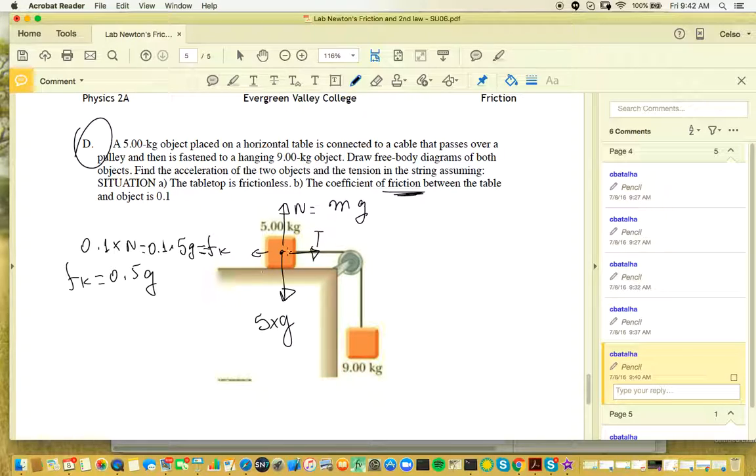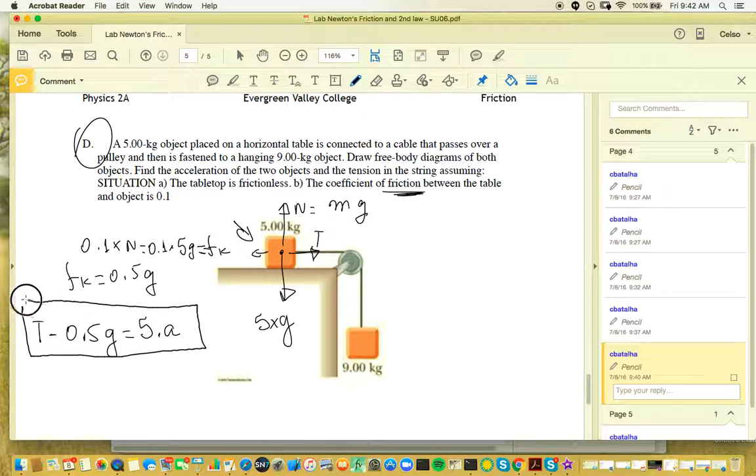So when you apply Newton's second law to this block, T minus 0.5g, which is the kinetic friction, is equal to the mass of the block times acceleration. And then you save that equation.